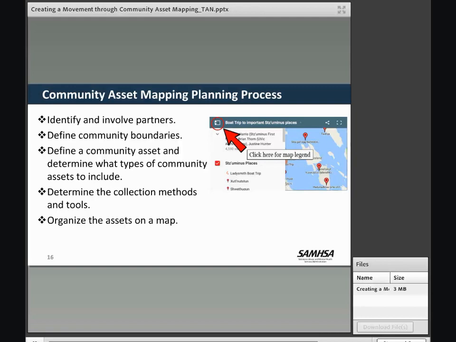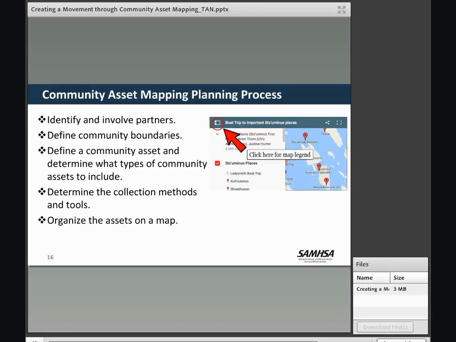Those can look very different for different communities. Some tribes may define it as the reservation. Some may have an urban area that a lot of their members reside in and include that in their boundaries. So it's really up to the community again.